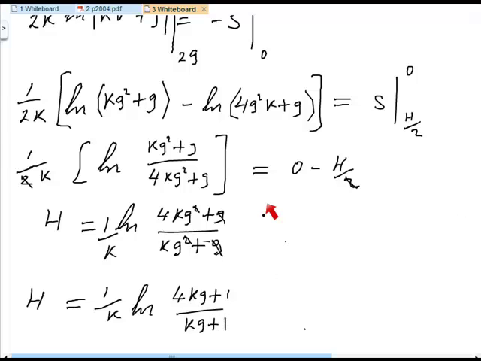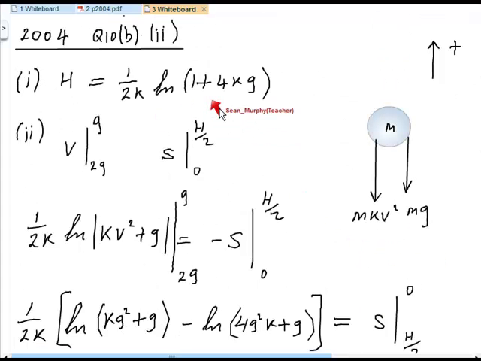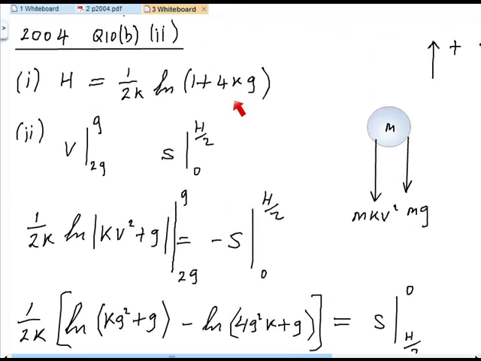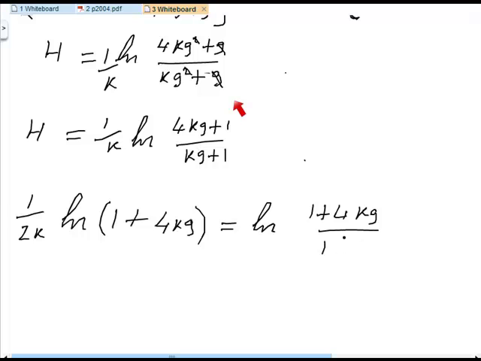At this stage we can put in h, as we already have h evaluated in part I. H is 1 over 2k ln 1 plus 4kg, is equal to the ln of 1 plus 4kg over 1 plus kg.